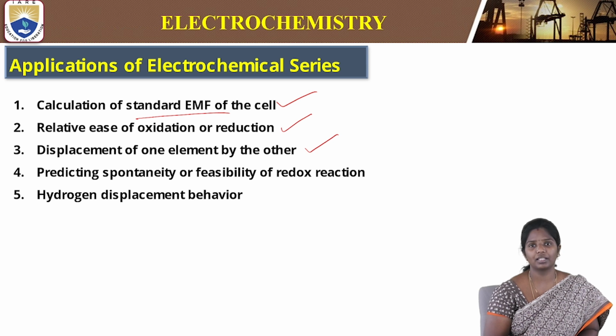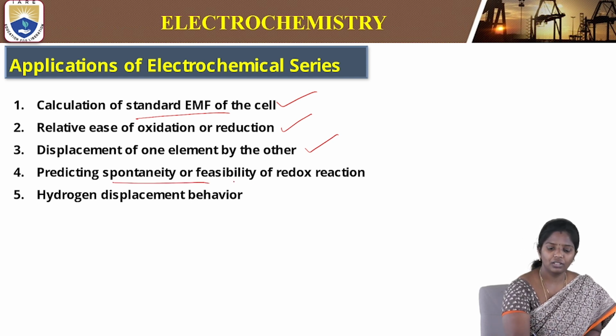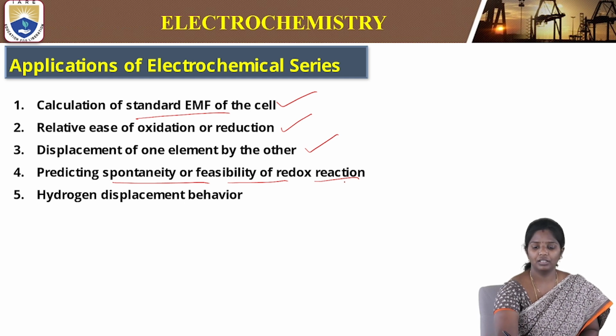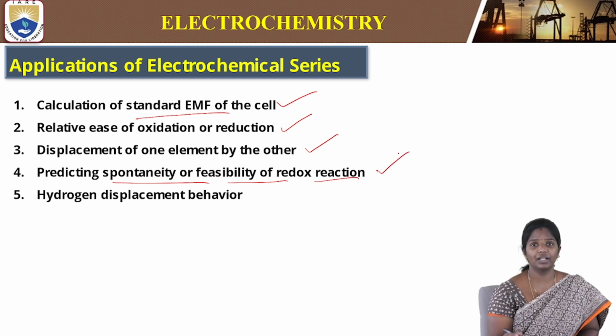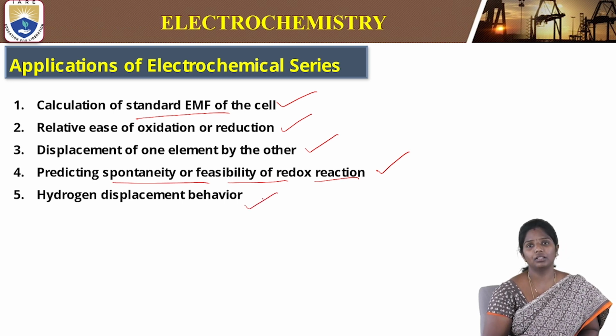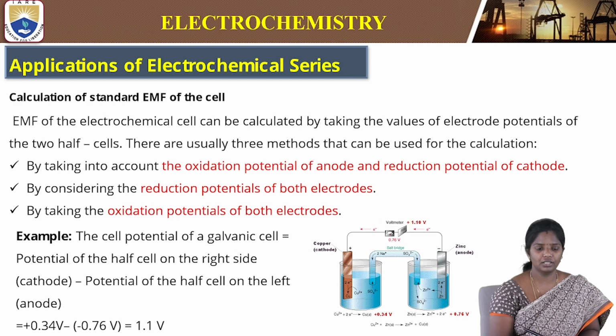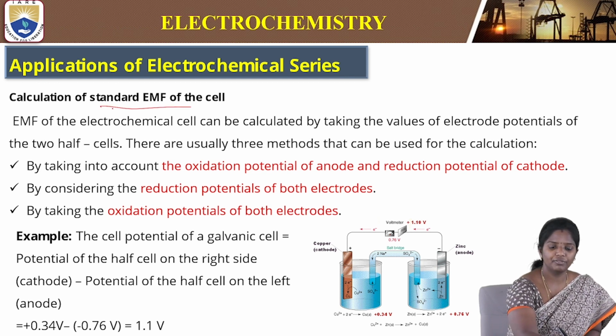If we want some reaction to take place, we can check the electrochemical series whether this element can be replaced by the other element or not. Then the spontaneity or feasibility of a redox reaction, whether the reaction will take place or not, and hydrogen displacement behavior in the cell. So the first application is the calculation of the standard EMF of the cell.